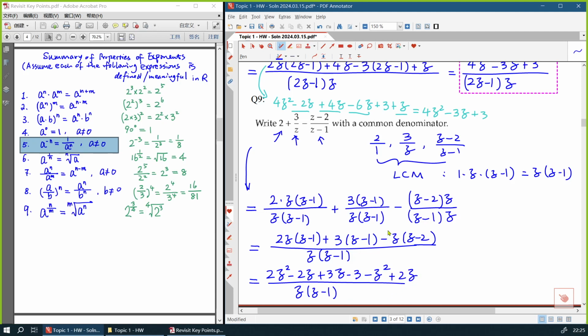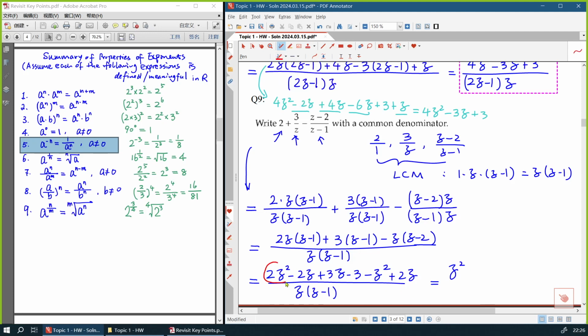Be careful when you have a negative symbol in front. When you expand it, you need to change this symbol from negative to positive, okay? Be careful with that when you have a negative symbol in front. Do you understand? So if you combine all the like terms, you will get only 1z squared.